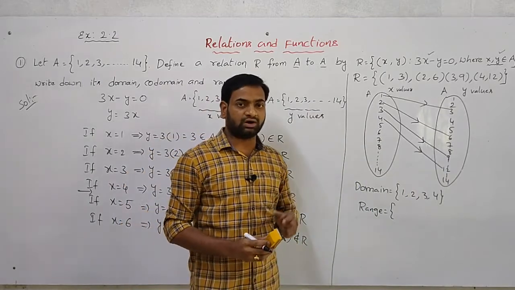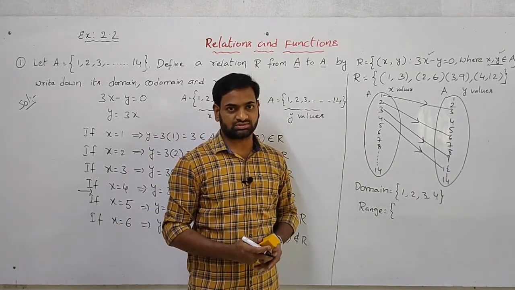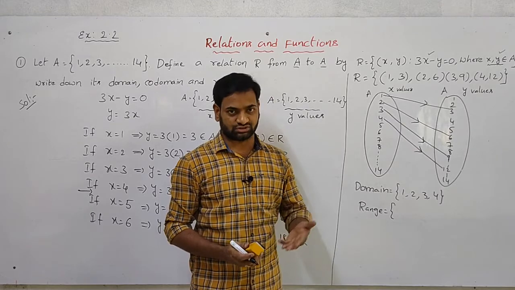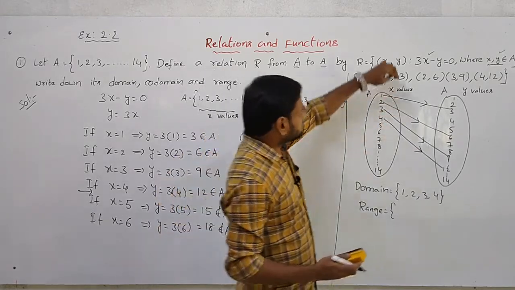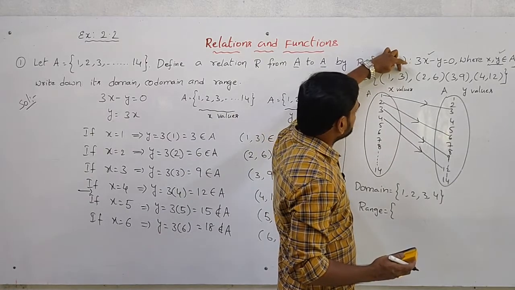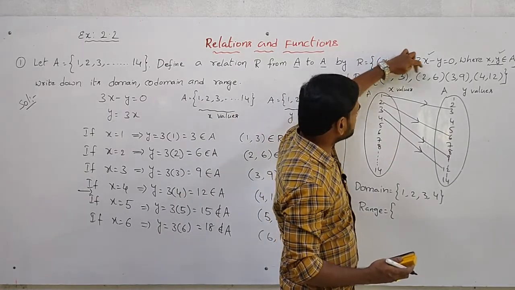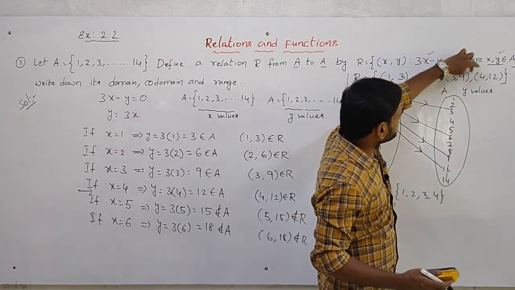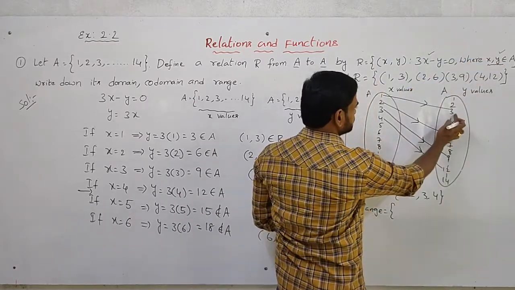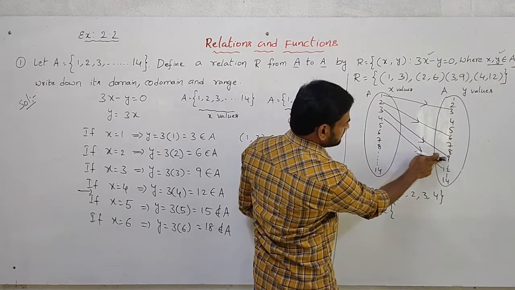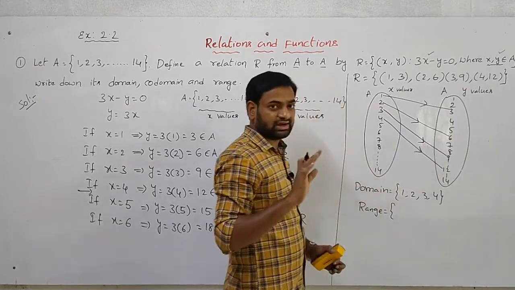The set of all second elements which are in the relation. In the relation, the second elements are 3, 6, 9, 12. These are the range. See here also 3, 6, 9, 12, which are in the relation.